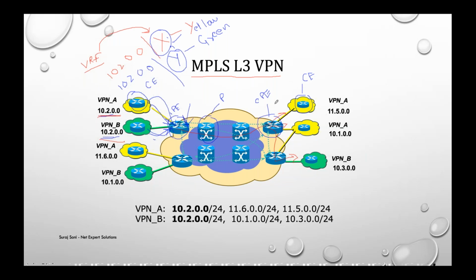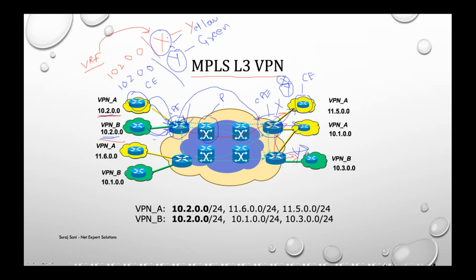I will tag the same values, X for the yellow and Y for the green. So when they come up on the remote side, as they have X and Y values tagged, X will automatically be sent to yellow even though it's the same subnet, and Y is sent to green.